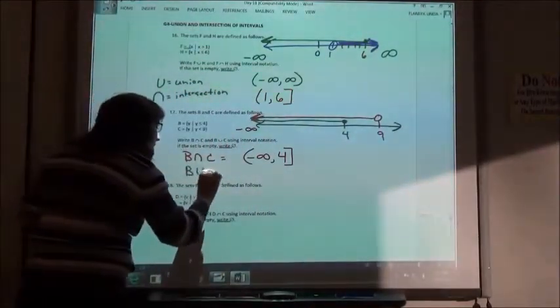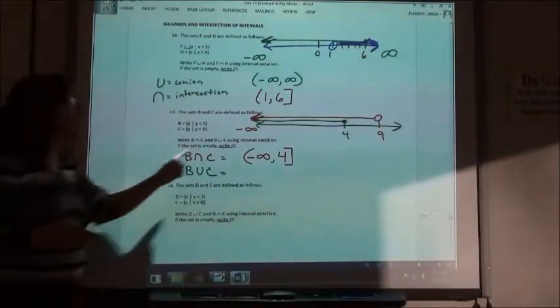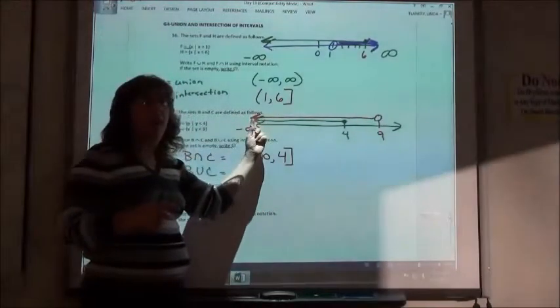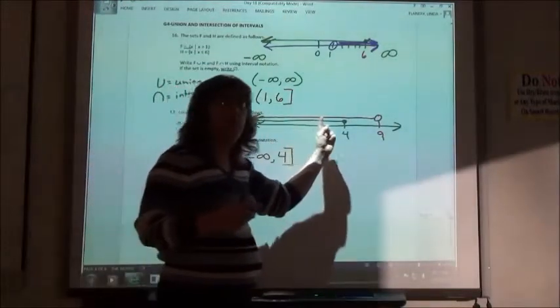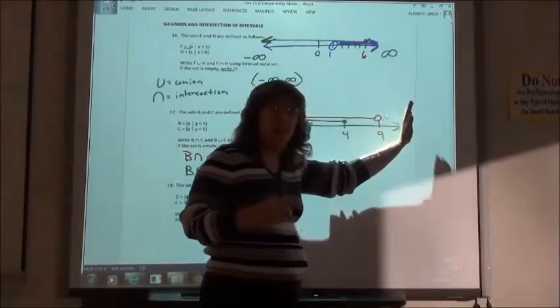When we're doing B union C, that's everything that's in either list. So anything that got shaded on your number line. Again, if you look from left to right, they're shading down here, and it's shaded all the way up to the 9. There's nothing shaded after the 9, right?